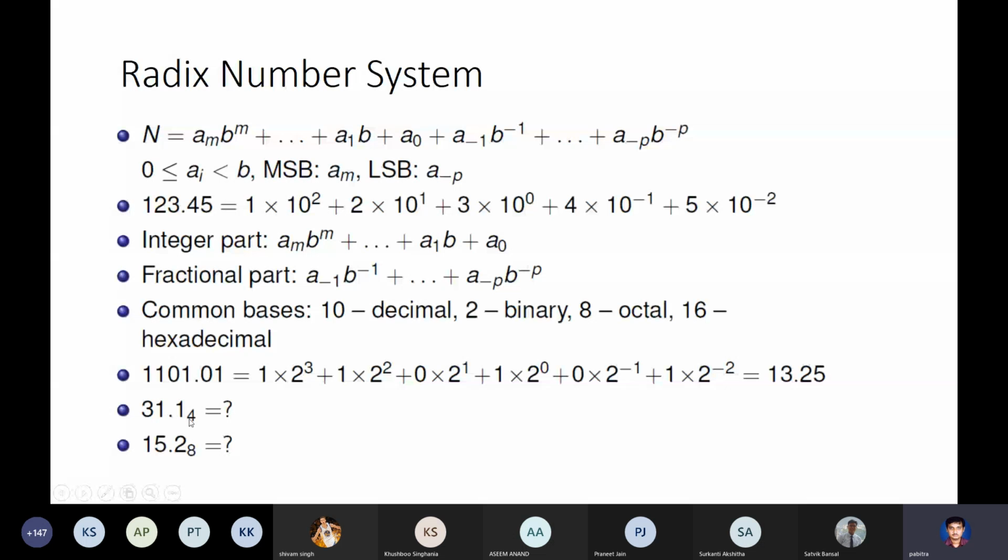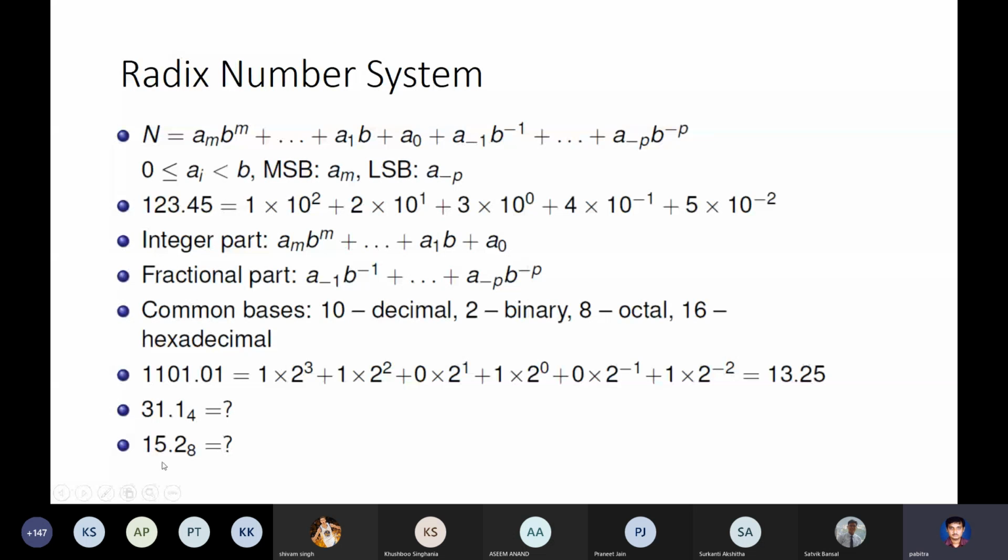So 31.1 in base 4 would be 1 into 1 plus 3 into 4, which is 12, and 1 is 13. And 1 into 1 by 4 is 0.25. So this 31.1 in base 4 is also 13.25.